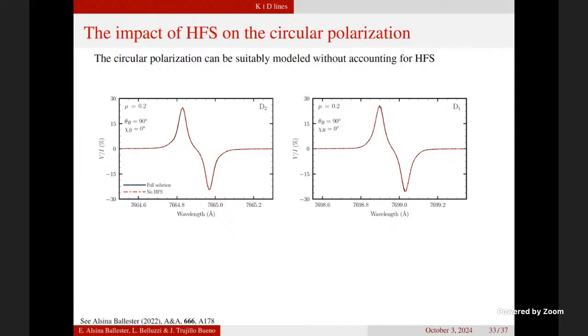And furthermore, the circular polarization can be suitably modeled without accounting for hyperfine structure. Here are the calculations with hyperfine structure and neglecting it, and we get basically the same result, which could be expected because the hyperfine structure is quite small for potassium.